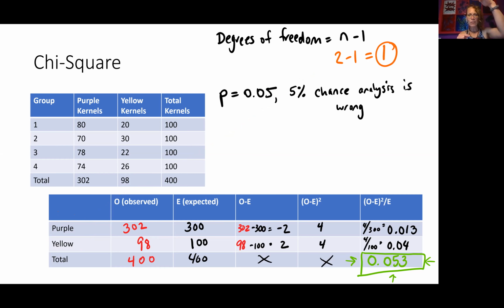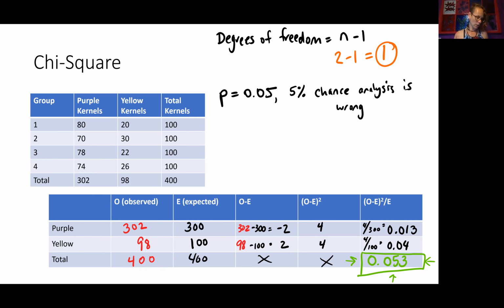But there's a 95% chance that we're accurate, so we can have a lot of confidence in our results. If we did a p-value of 0.01, that means a 1% chance of making a mistake and a 99% chance of being correct, which gives you even more confidence.